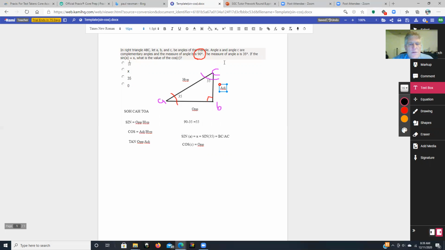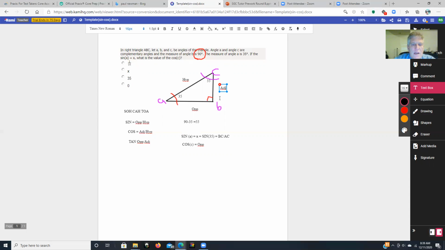So in this situation, they're saying, if the measure of angle A is 35 and the sine of A is X, what is the cosine of C?